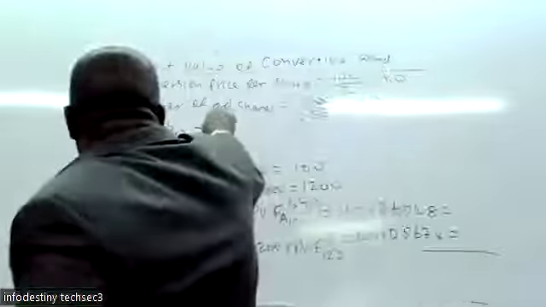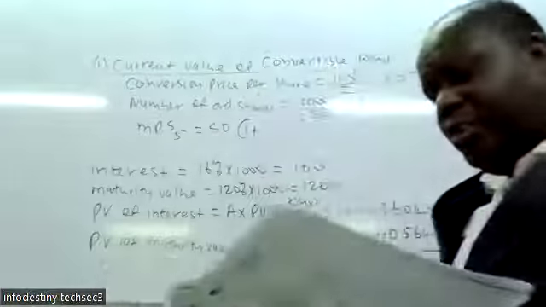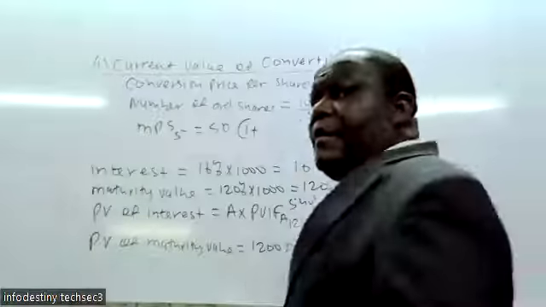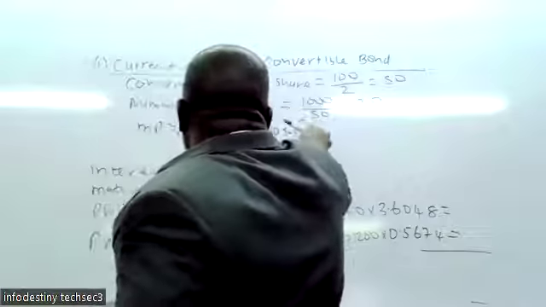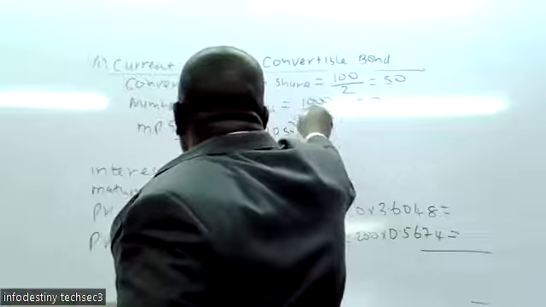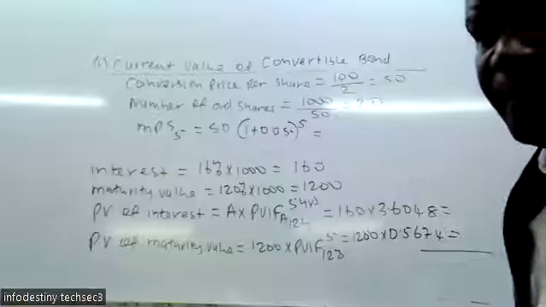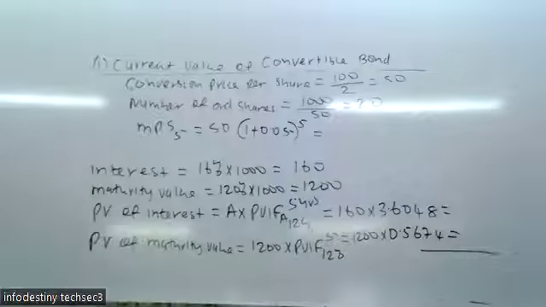So you take 50 times 1 plus g, where g is the growth rate of 5%, which is 0.05, raised to the power of 5 years. That gives the market price per share after 5 years.